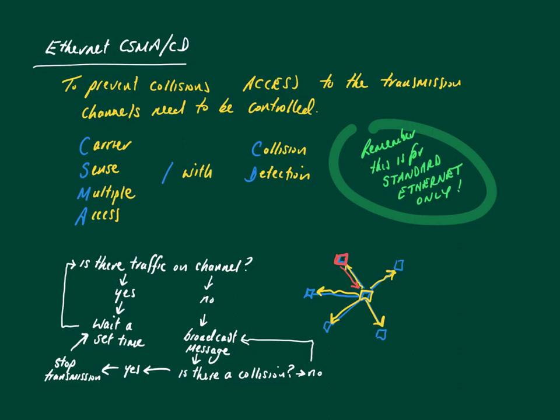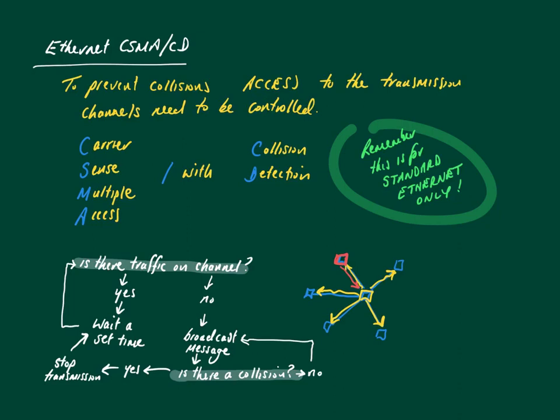The rules I scribbled out on the left there in white are just a guide. You don't need to learn these, but it just shows that you think about whether there's traffic on the channel, and you can go one of two ways, and then you check if there's a collision while you're broadcasting. That's the important thing.